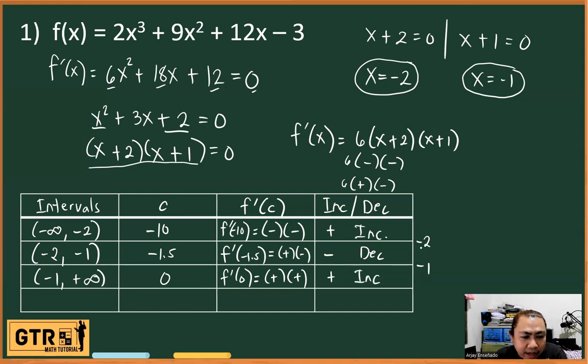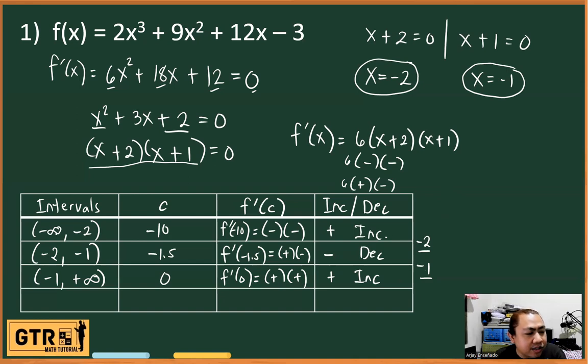Our points, negative 2 and negative 1, are the critical points. They could be a maximum or minimum. From increasing to decreasing, this is a relative maximum at negative 2. And then negative to positive, so this is a minimum.